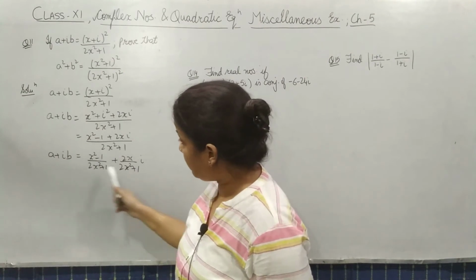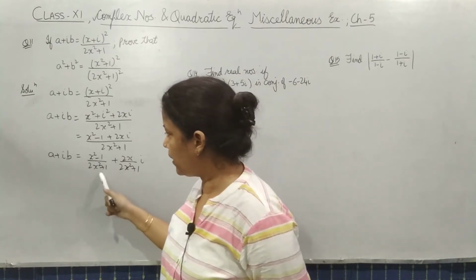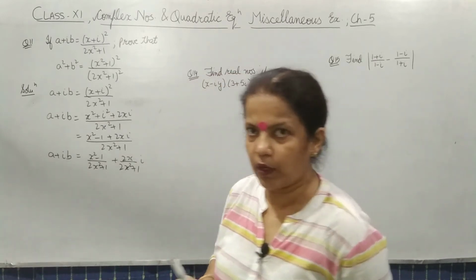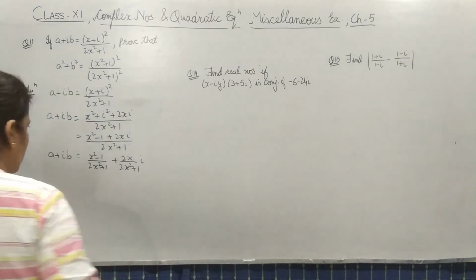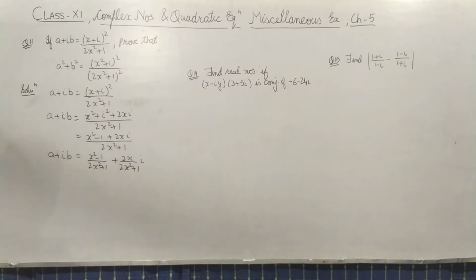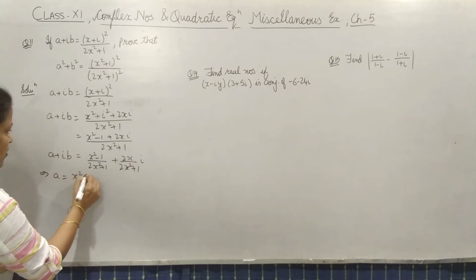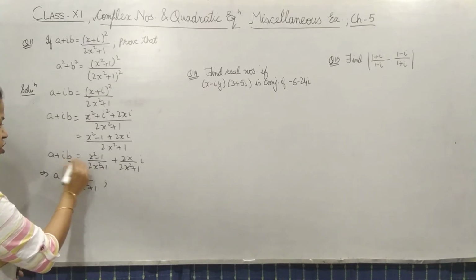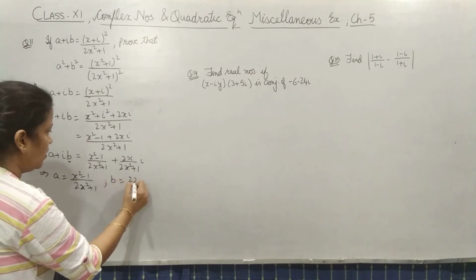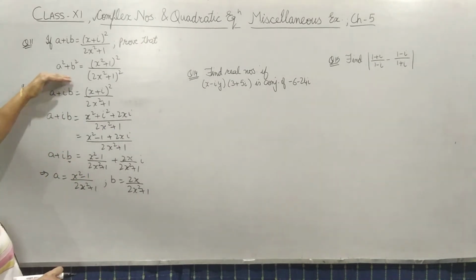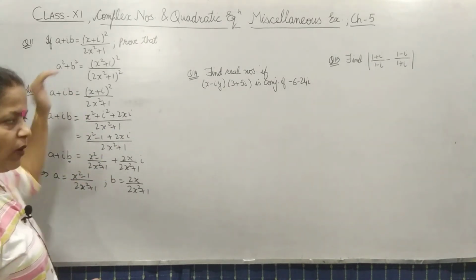Now if we compare both of them, the real part on both sides is equal and the imaginary part on both sides is equal. So by comparing both sides, we will get the real part and the imaginary part. So from here, a is the real part, upon 2x square plus 1, and the imaginary part is equal together. So this is the imaginary part. Now you can put the values of a and b over here.